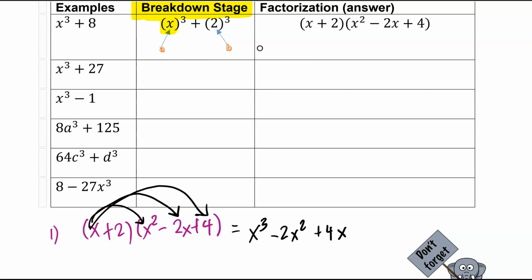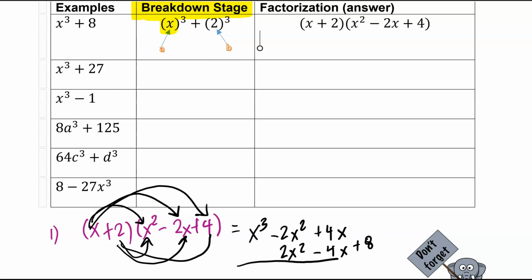Now let's multiply 2 times everything to the right. 2 times x squared, let's stack it under the negative 2x squared. 2 times negative 2x is negative 4x. And 2 times positive 4 is a positive 8. What happens in the middle? Notice that the middle cancels out, leaving us with x cubed plus 8.